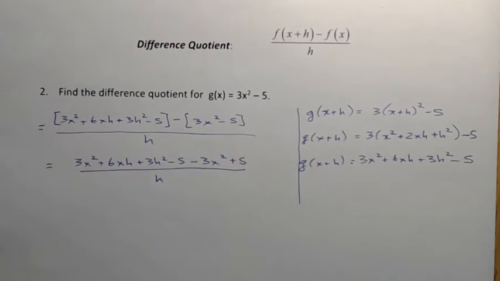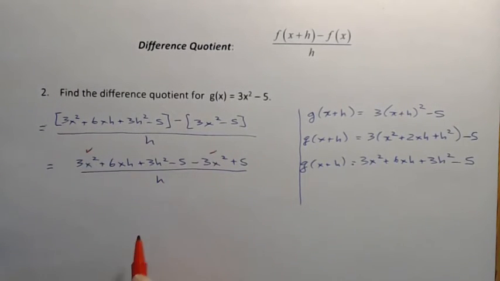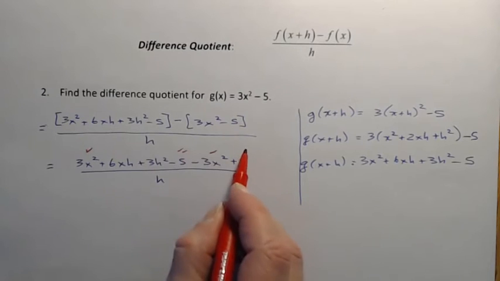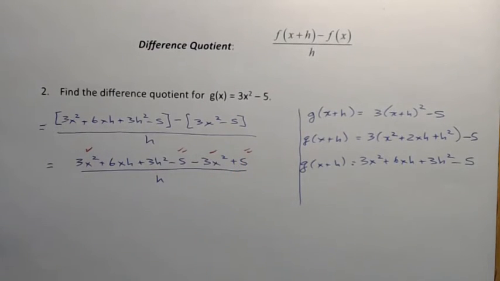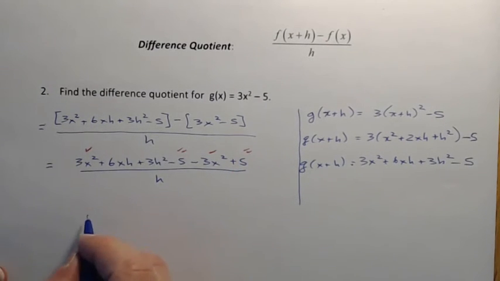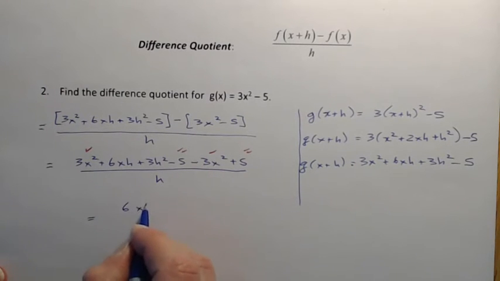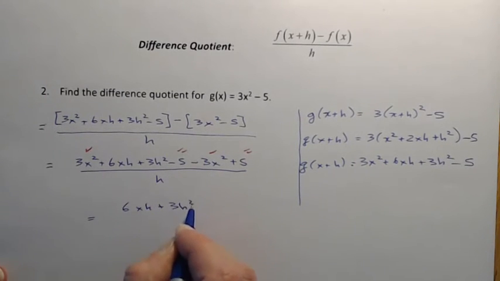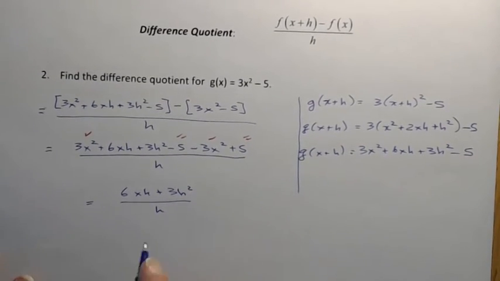Again, you would expect a few terms on top to combine, so I have a positive 3x squared and a negative 3x squared, and then my minus 5 plus 5. So I'm only left with two terms on top, the 6xh and the 3h squared. I'll go ahead and factor.